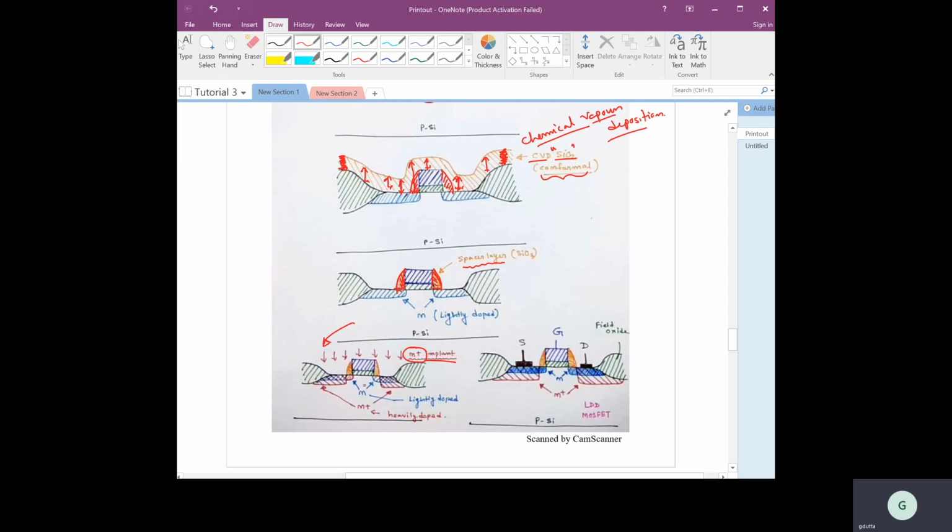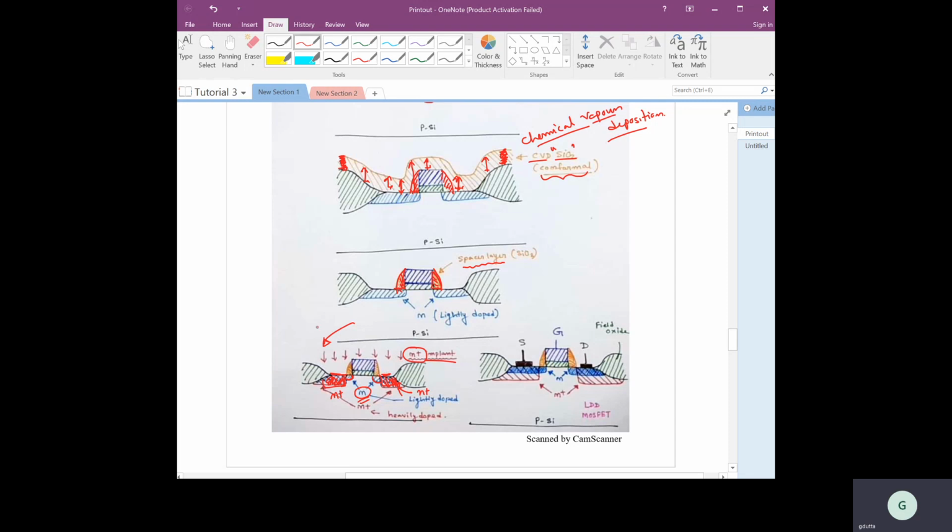So this region will be left lightly doped only, this region and this region. But this region was open, so this region will form a heavily doped, that is N plus, region. So this region now becomes N plus, this region now becomes N plus, and this region will remain N. You understand? That's how we form this LDD structure.